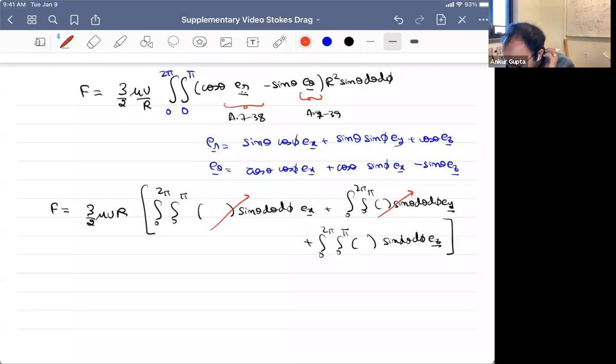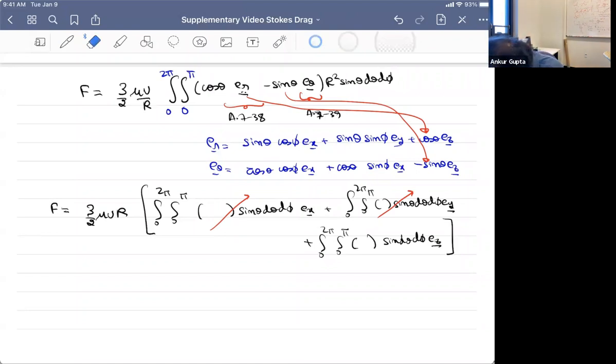Okay. Now, if that is the case, then the z component in e_r is cos theta, and the z component in e_theta is minus sine theta. So I'll get cos squared theta plus sine squared theta, which is kind of amazing, that here actually the e_z term is simply cos squared theta plus sine squared theta.